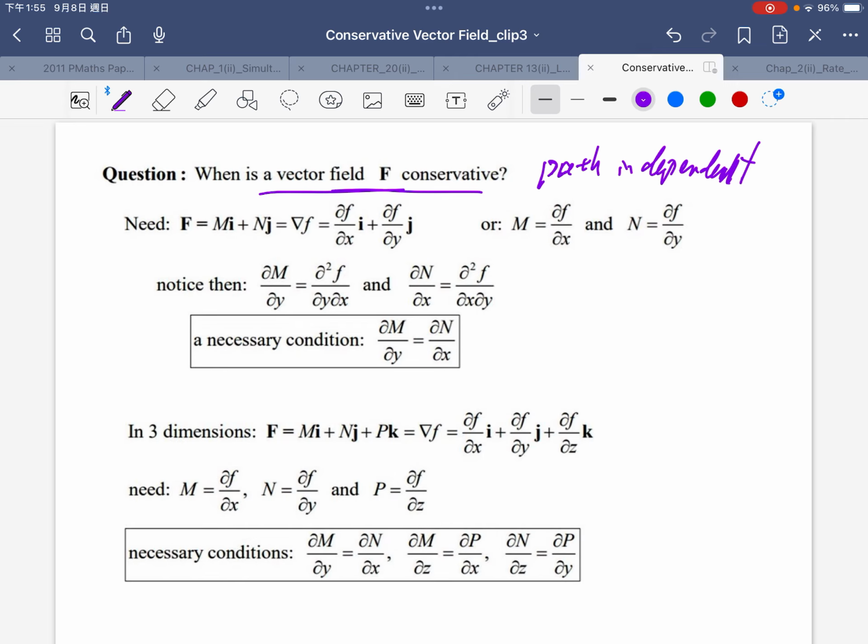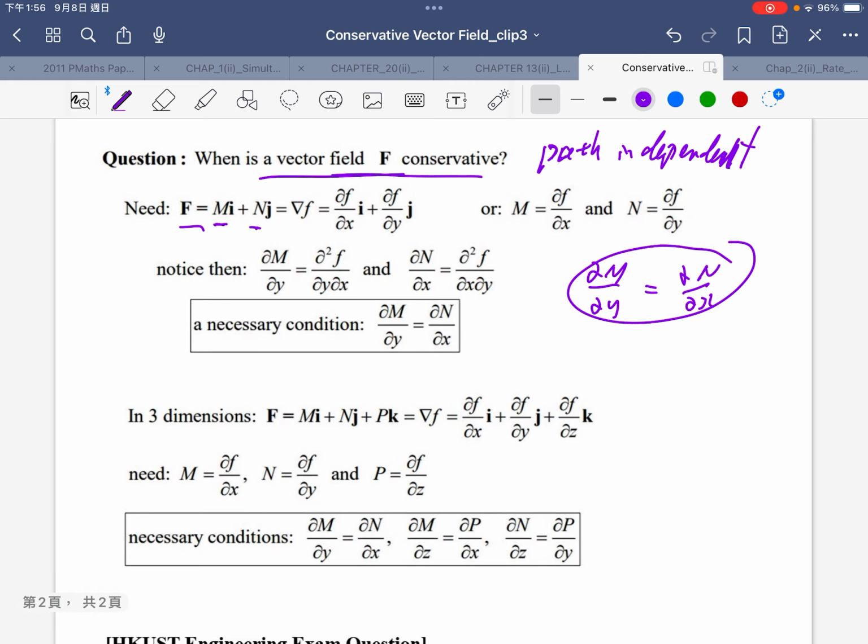Okay, in 2D, in R2, we can check whether a vector field is conservative or not. We can check a vector field F = (M, N), and check whether partial M over partial y equals partial N over partial x. But I will use another type of format.